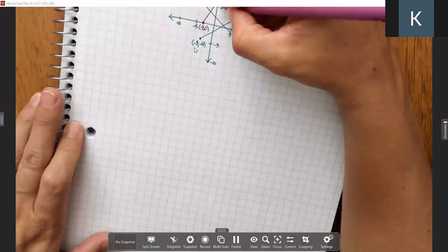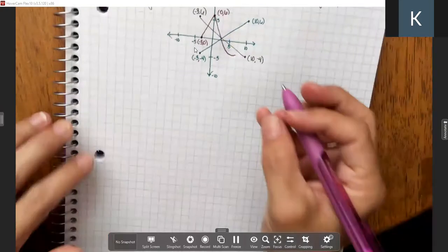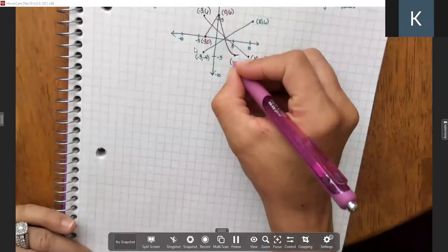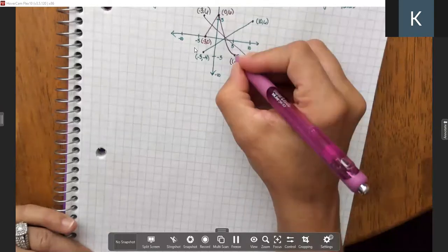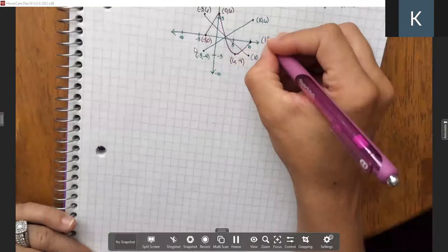And then if you wanted, you could even do some sort of parabola. Doesn't matter, as long as at some point it got down here. Let's say this is 6, -4, and then it could end right here at 10, 0.